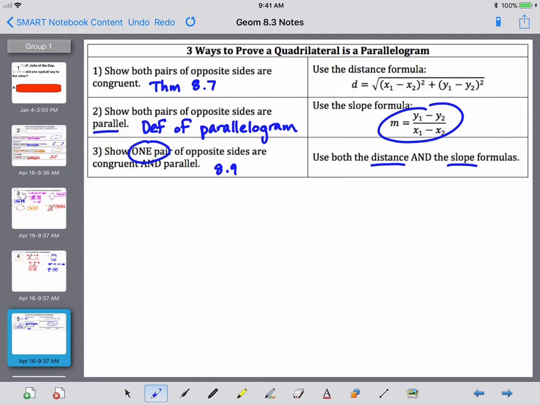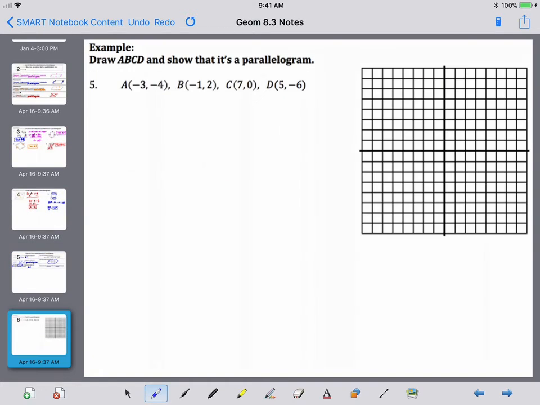So I'm actually going to do the third way in our notes just to show you guys two different formulas, so how these formulas work. So let's take a look. All right, so first step is just to draw A, B, C, D. So we're going to plot these 4 points. A is left 3, down 4, -3, -4.